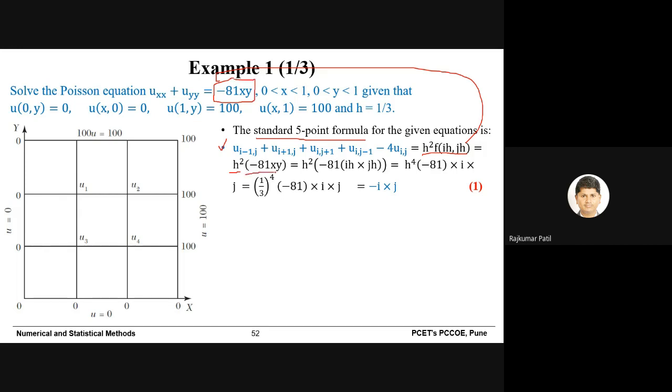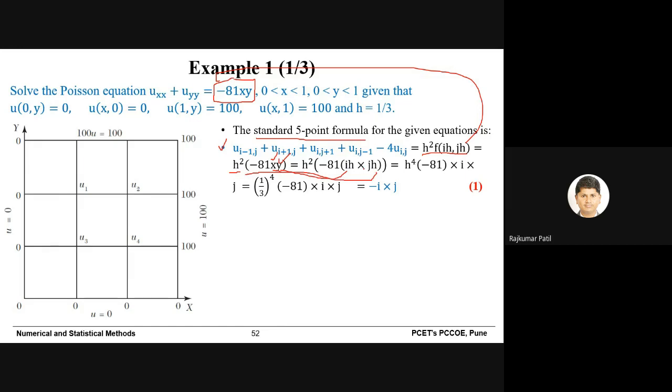So we put f(ih, jh) as minus 81xy. But in this equation, x means ih and y means jh. So replace x by ih and y by jh.